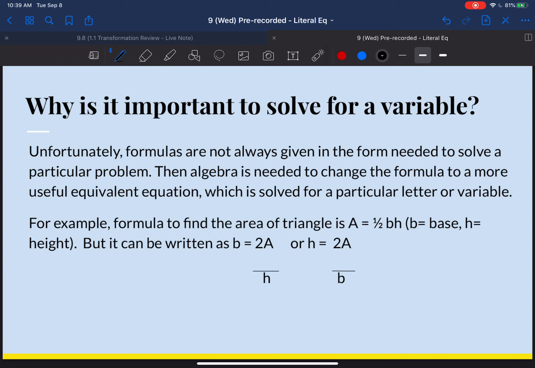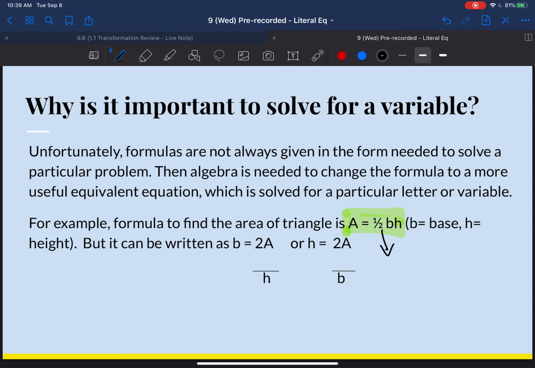Unfortunately, formulas are not always given in the format that we need to solve a particular problem. What does that mean? For example, to find the area of a triangle, we use A equals 1 over 2 times base times height. It's very useful when we find the area of a triangle. But if I ask you to find the height, what do you have to do? It's going to be a little bit of math if you just plug in all the numbers. So in that case, we are going to solve this formula into a different format.